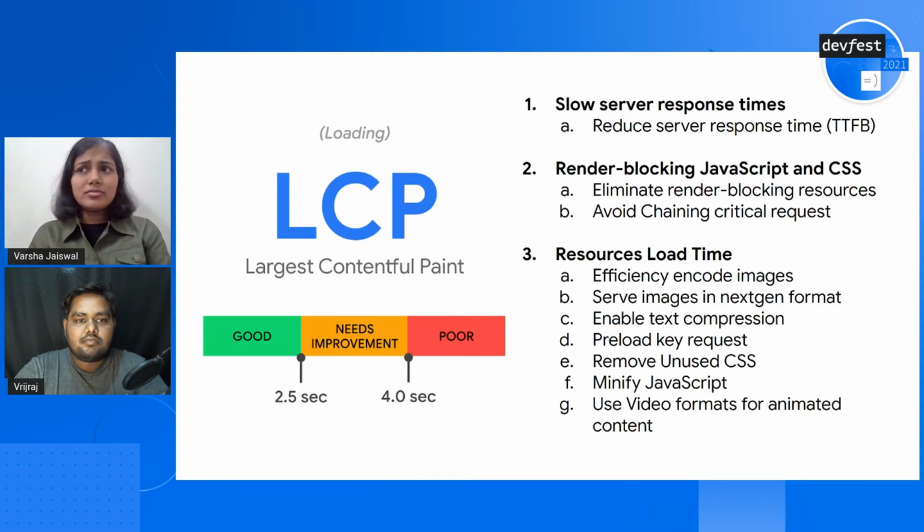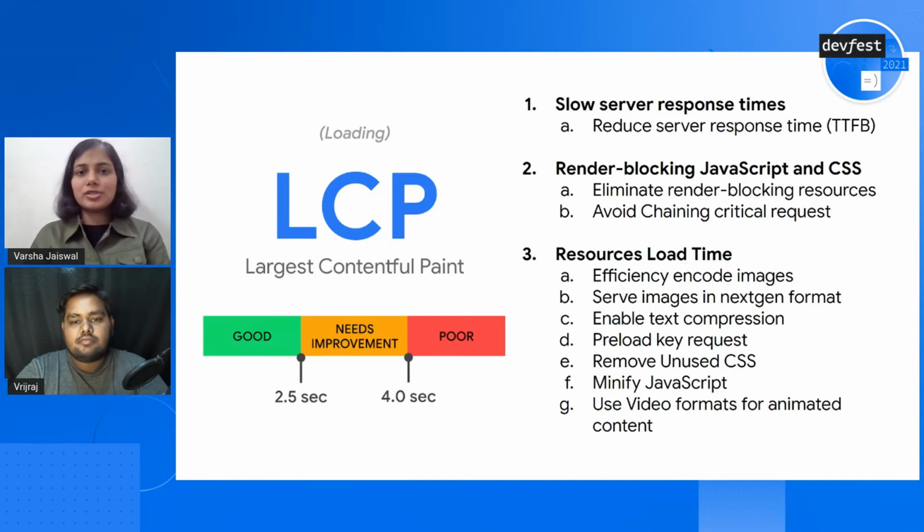Also, if there is any animation in your website, the tip here is never use an animation file, rather use video formats, because ideally the size of an animated file is larger than a video file of the same content. So go with all those things and try implementing them while building your website.